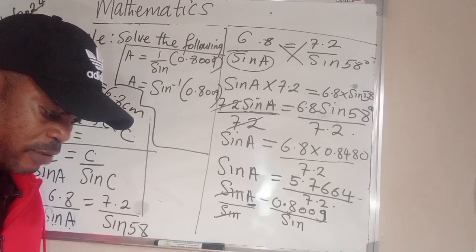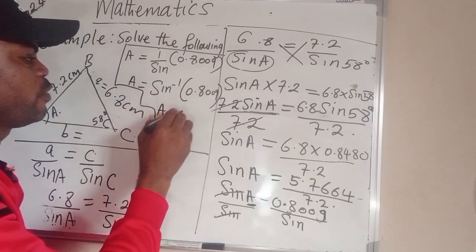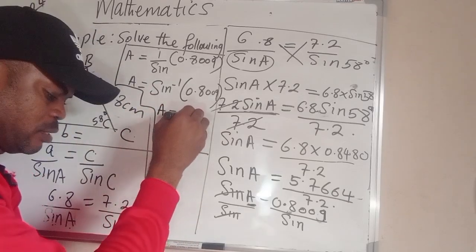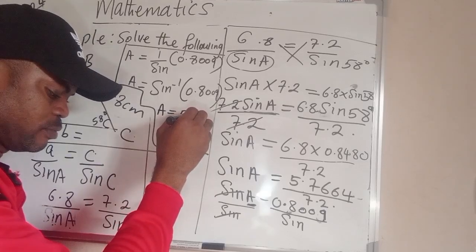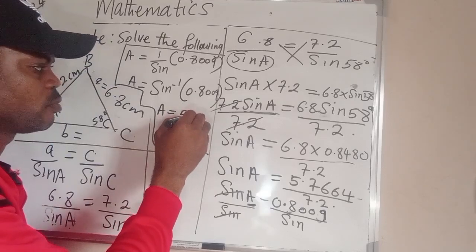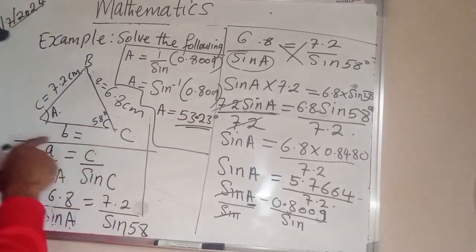Then you're going to have 53. A then becomes 53 point, approximate, you're going to have 2.23 degree.